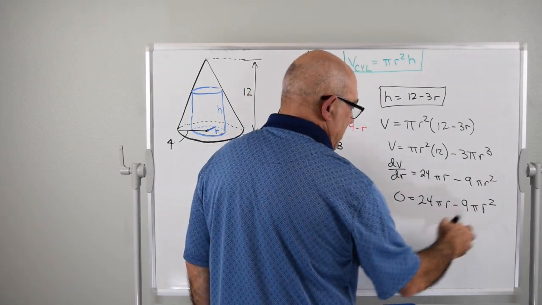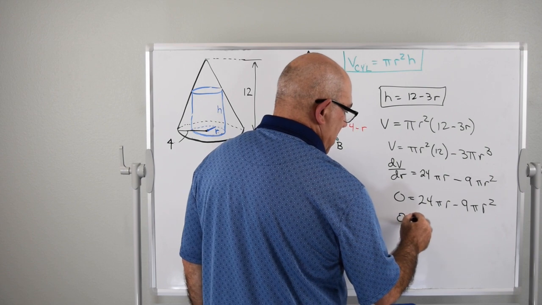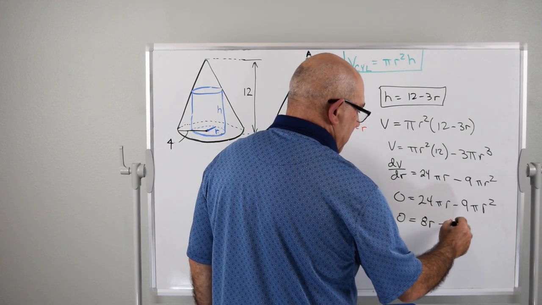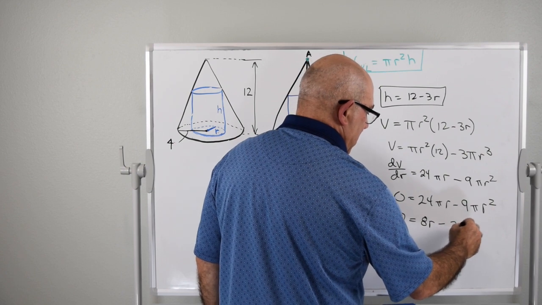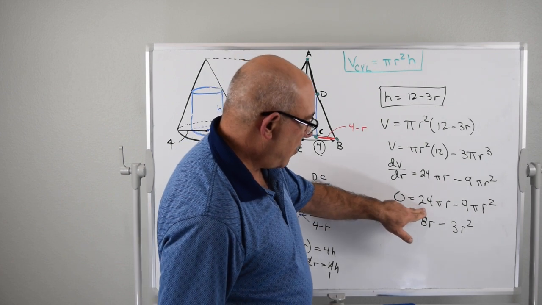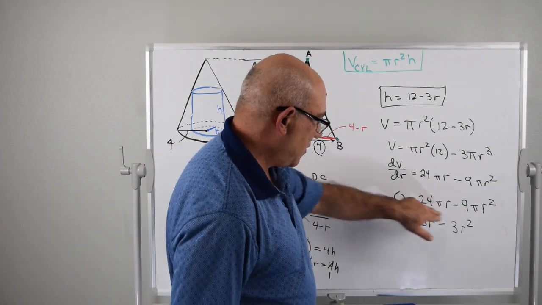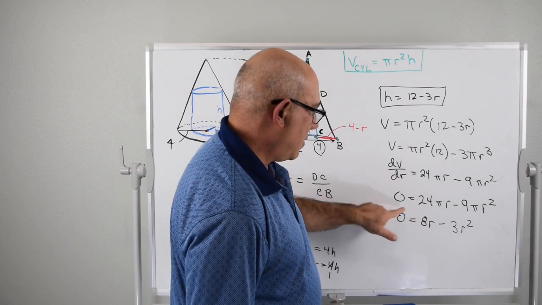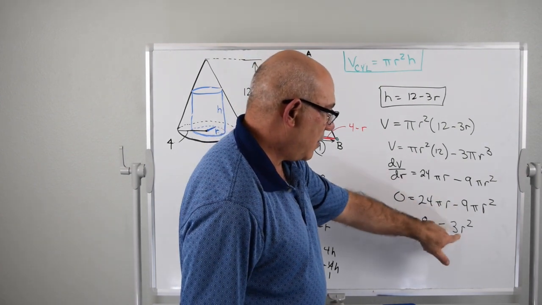We do that, and this will be 0 equals 8r minus 3r squared. Really we just divide by 3 pi because the pi can cancel because we have a 0 over here, and then the 3 will cancel because we have a 0 over here. That'll become 8 and it'll become 3.